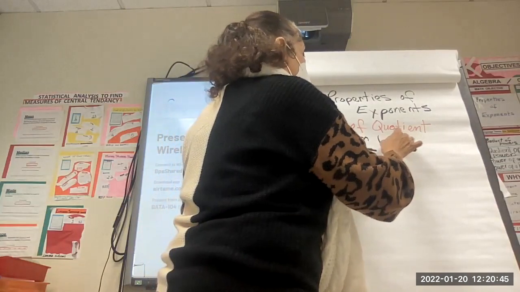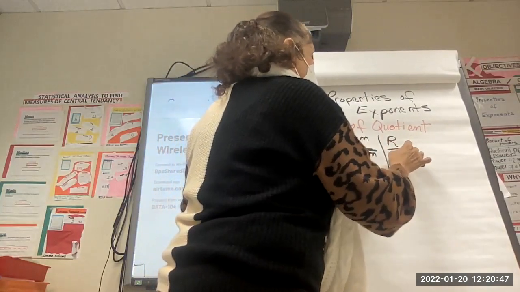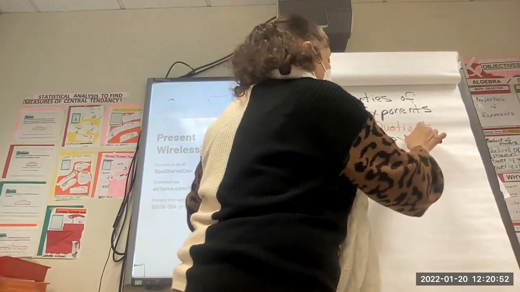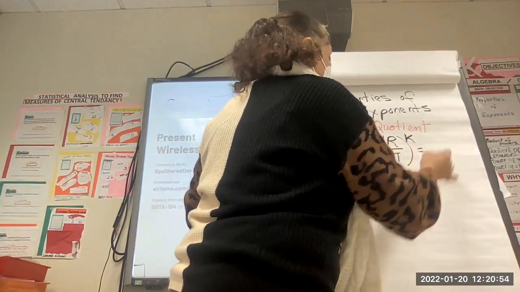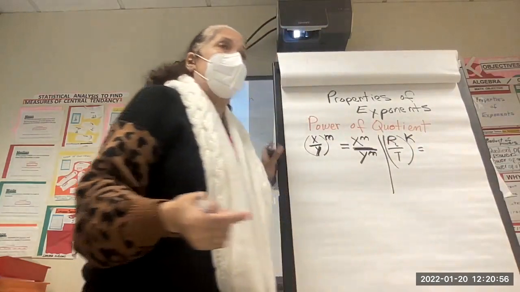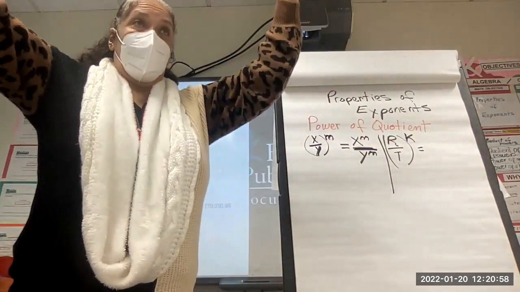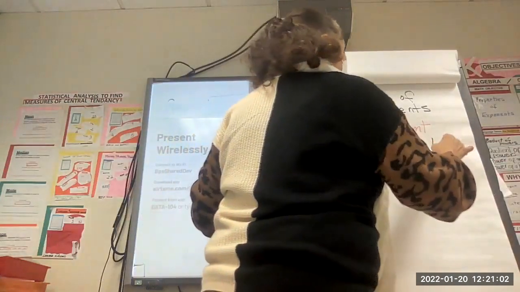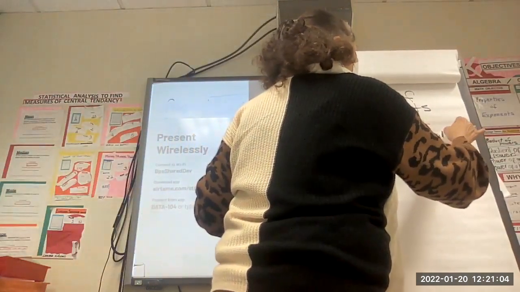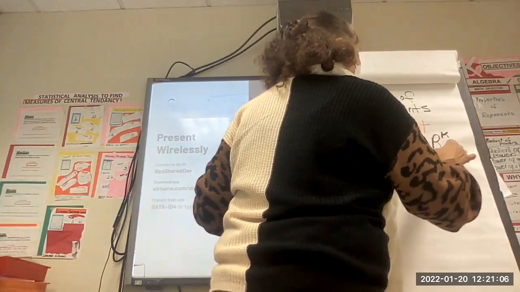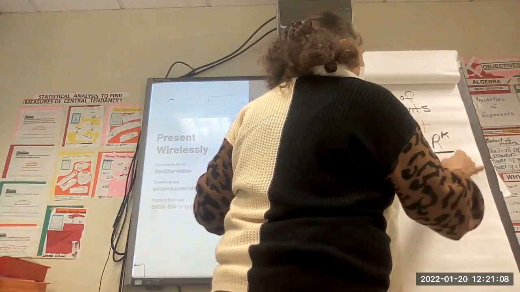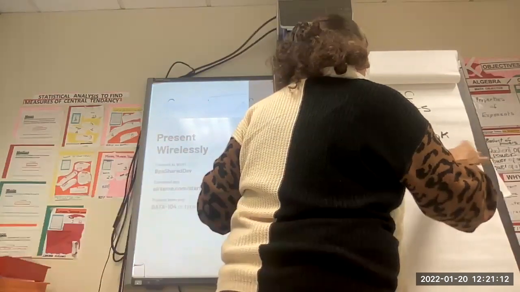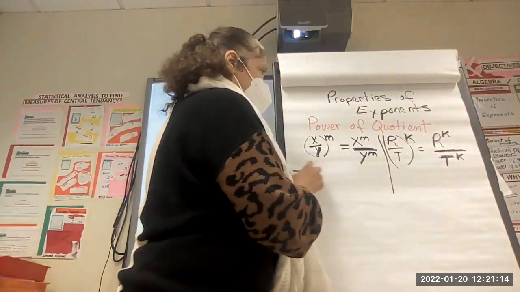Suppose we had r divided by t, to the power of k. The k says both of the numbers in the fraction are under my power. So therefore it's r to the power of k divided by t to the power of k. And that's all there is to that.